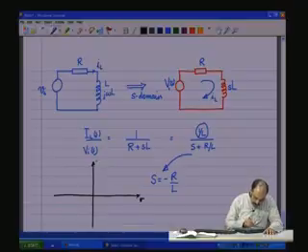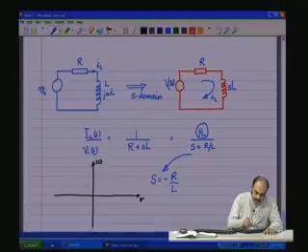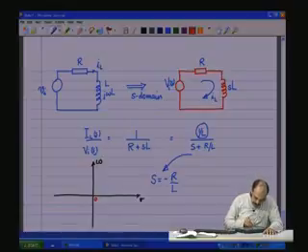So, what it basically means is that if I have the S plane, sigma axis, the omega axis, this is the 0, S is equal to minus R by L, again the minus part of the real axis.